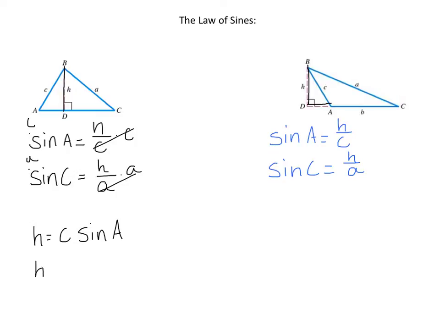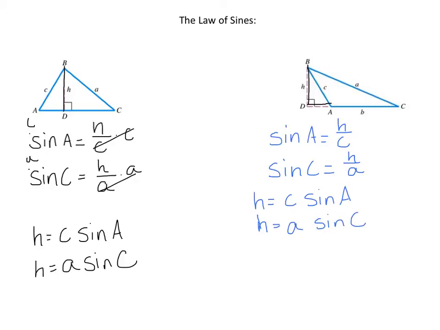This becomes h is equal to a times the sine of C. I can do the exact same thing over here on the right-hand side. I get the same information: h is equal to c sine of A, h is equal to a sine of C.